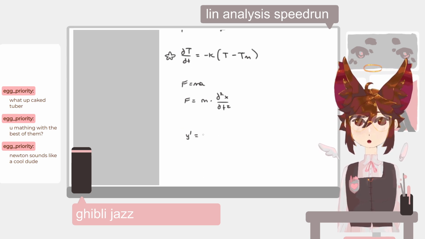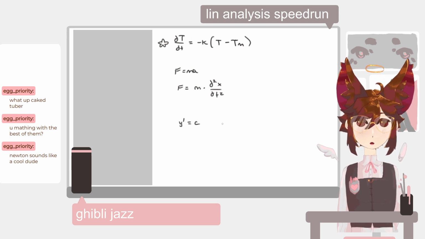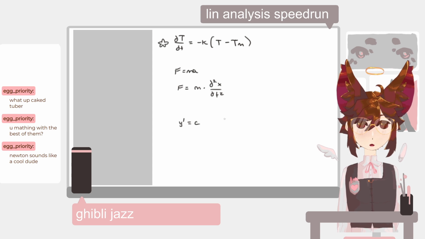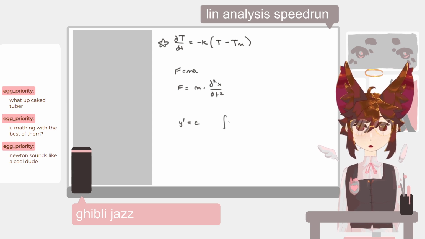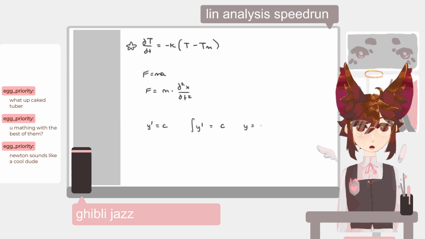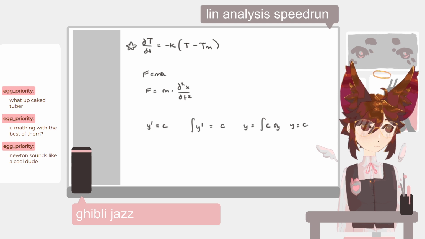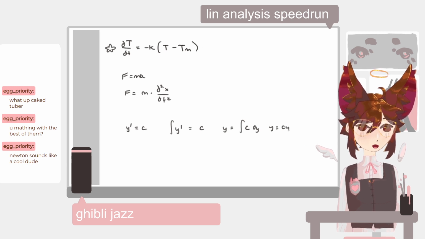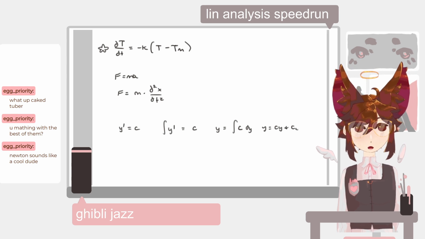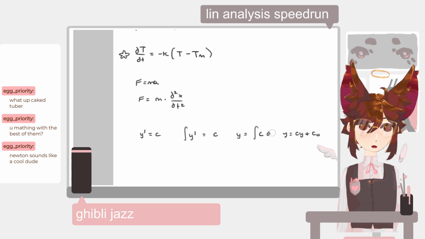We integrate both sides, and we get y equals the integral of some constant, so y equals c t plus some other constant, right? Or t. That should be t. My bad, gamers.